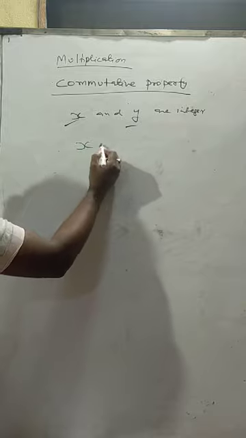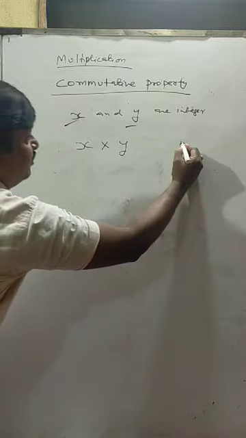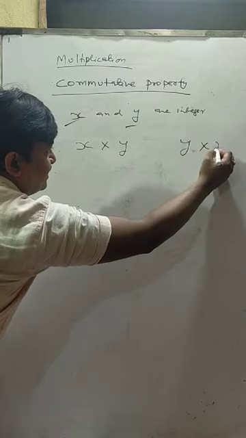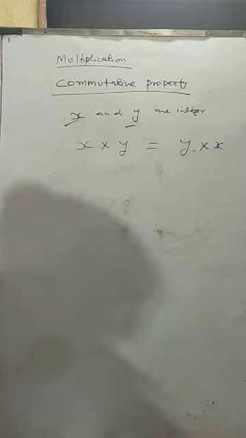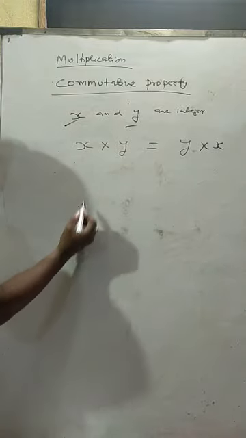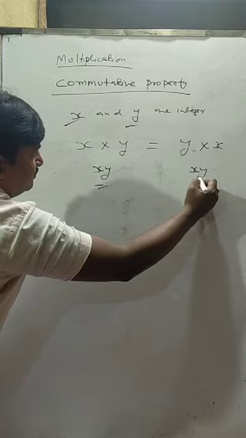If you find the product of x and y, or if you find the product of y and x, both are integers. Both sides are integers and both are the same. Here the product of x and y will be xy. Here also the product of y and x will be xy.